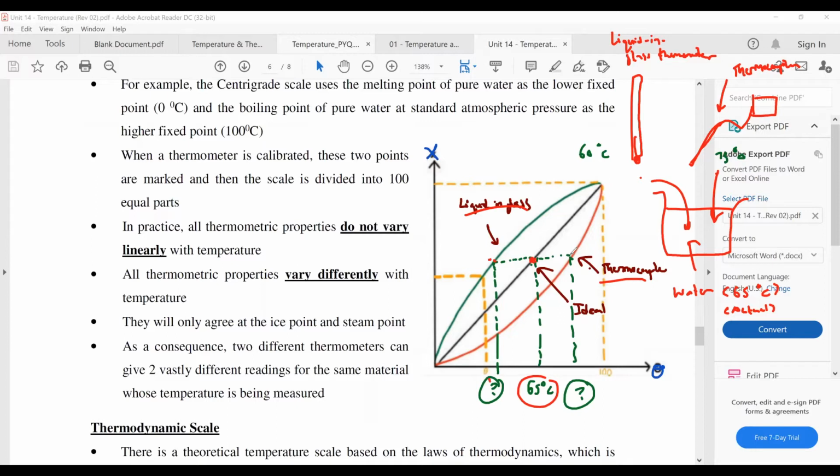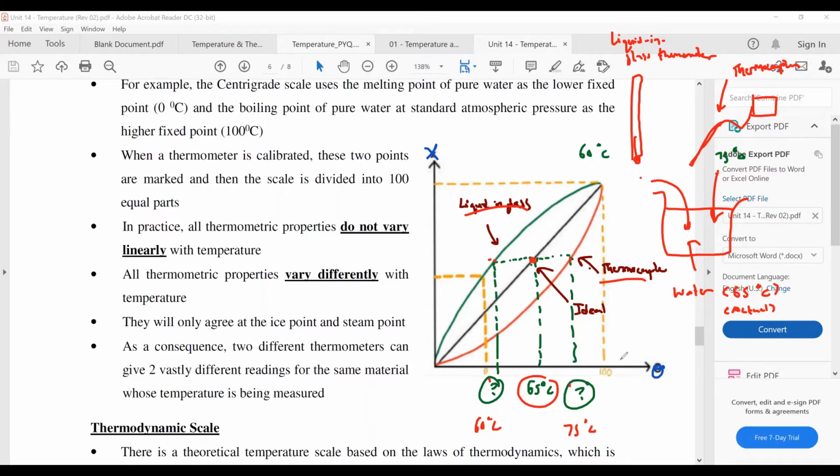And for the other thermometer, for a thermometric property, you get this, which in turn gives you this temperature. So this one here you get 60 degrees, and here you get 75 degrees. Alright. So the gist is that if you are using two different thermometers and you put them inside the same substance, they will not give you the same temperature. That's the basic idea here.